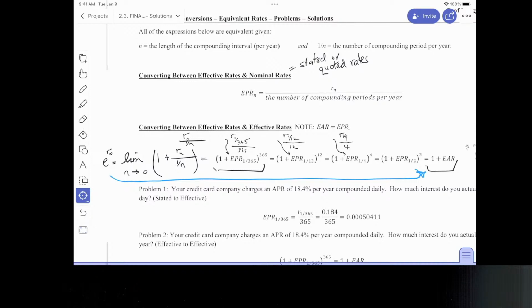If I'm looking at an investment opportunity that's stated as a continuously compounded rate, then I can convert it to an effective annual rate to compare to other investment opportunities. So let's look at the exercises that I gave you before we go.